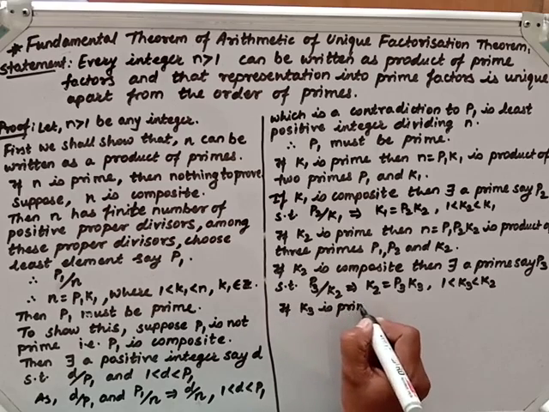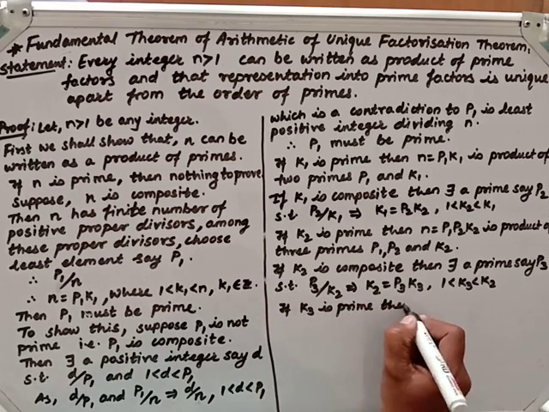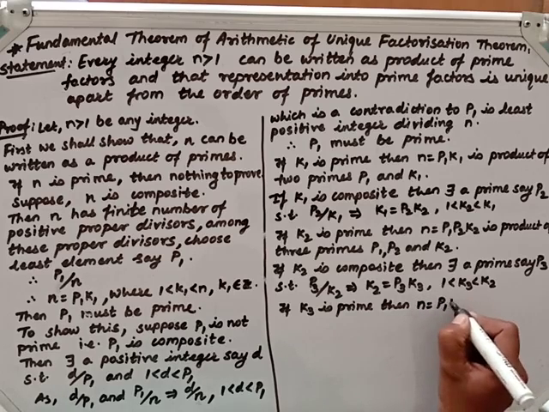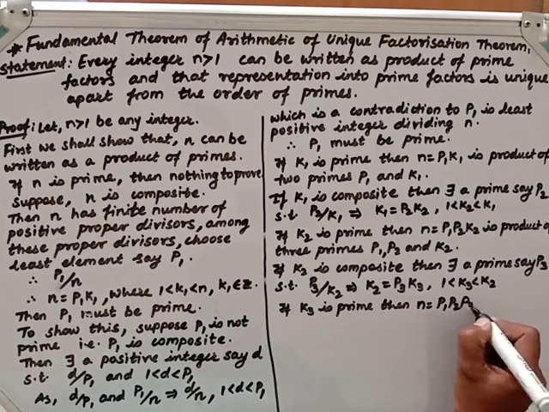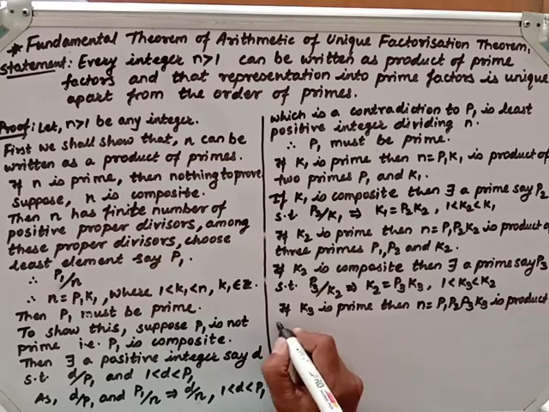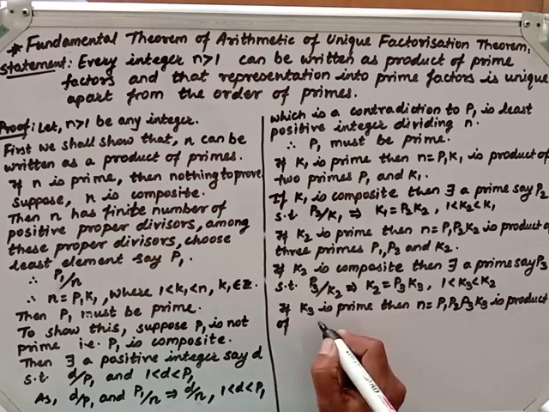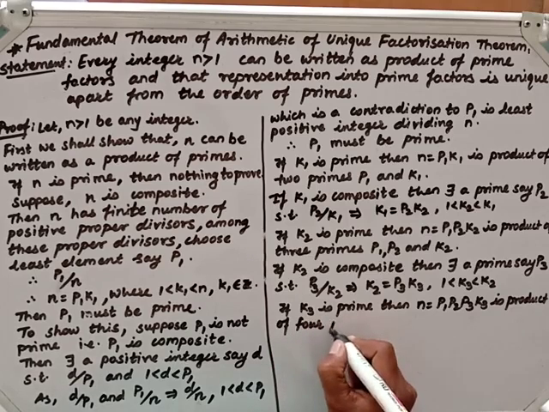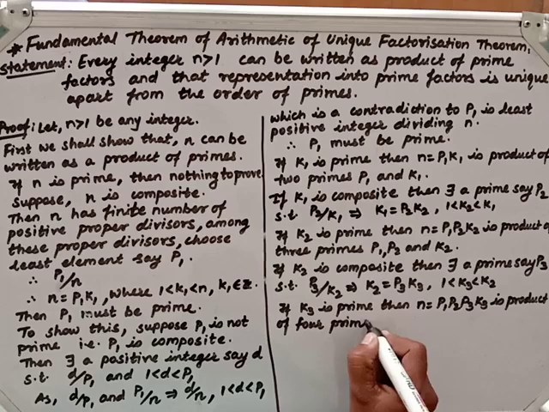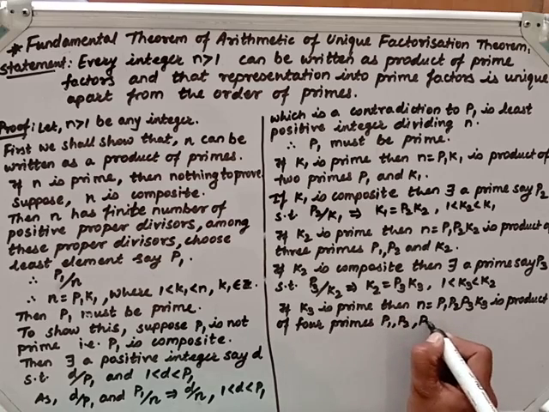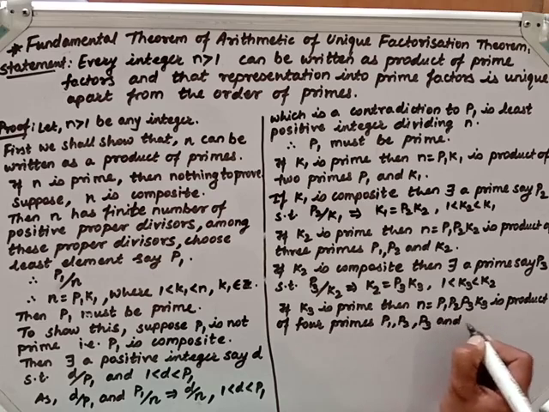Now again, if K3 is prime, then n is equal to P1 P2 P3 K3, a product of 4 primes: P1, P2, P3 and K3.